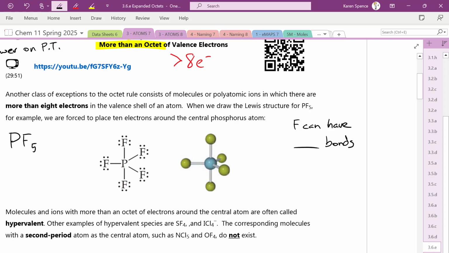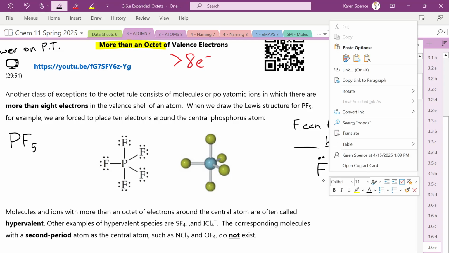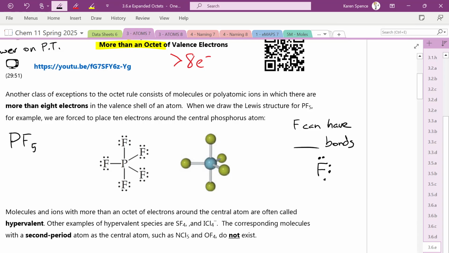If you don't know, draw yourself the Lewis structure for just the fluorine atom. How many valence electrons on fluorine? Fluorine is group 17, so it has 7. So we have 1, 2, 3, 4, 5, 6, 7. We have 1 gap. Therefore, how many bonds can fluorine form? 1 bond. And it is not in row 3 or lower, so it cannot form more.